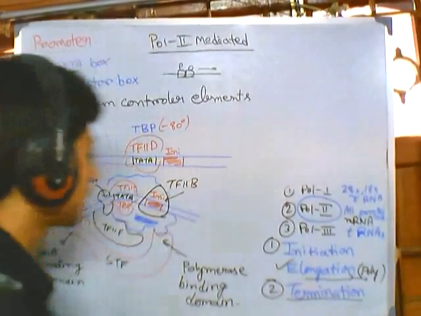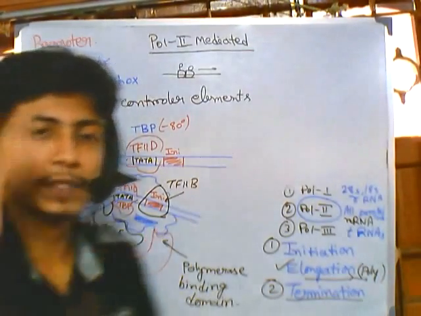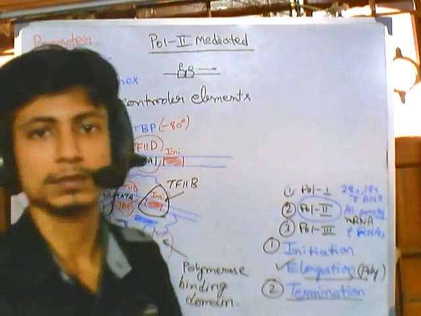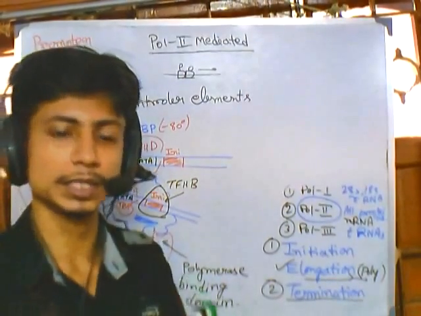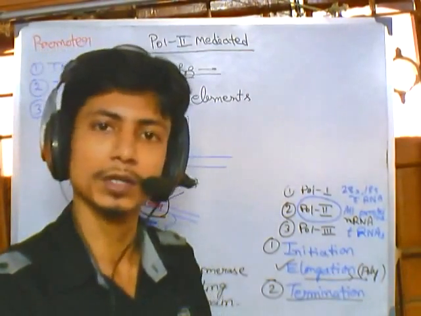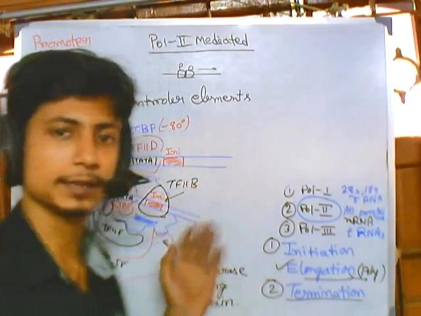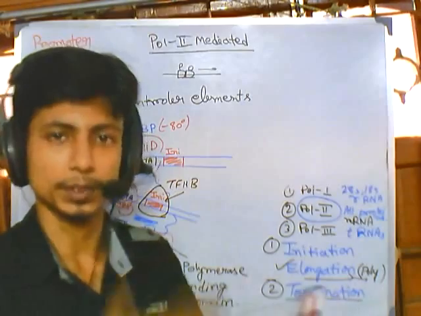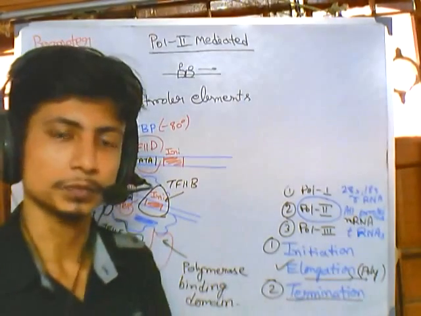And it will also melt the DNA, because if it doesn't melt the DNA, the polymerase will not be able to move on, right? So it is giving two signals. One is to the polymerase that it's time to move on, and it is melting the DNA to clear the path for the movement of polymerase II.